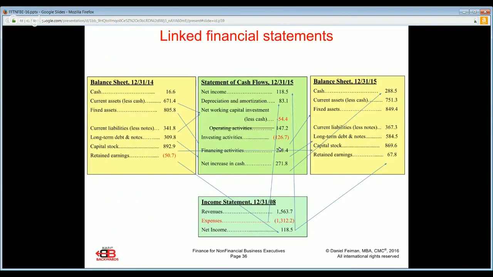So to wrap up our Module 3 here, we'll go back to our linked financial statements. If you look at the left, here's our opening balance sheet. It shows our cash, the rest of our current assets, our long-term assets. Below, current liabilities, long-term, our capital stock, which is just another term for common stock, and our retained earnings.